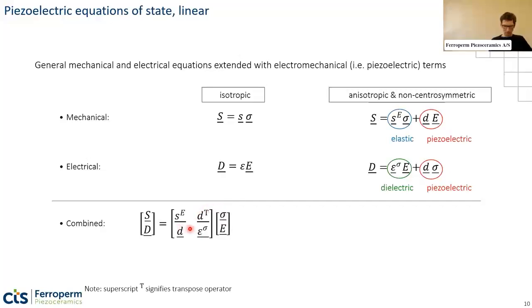And what you need to know then is the material properties, and if you arrange them like this, you actually have a big matrix that you can multiply with this matrix.